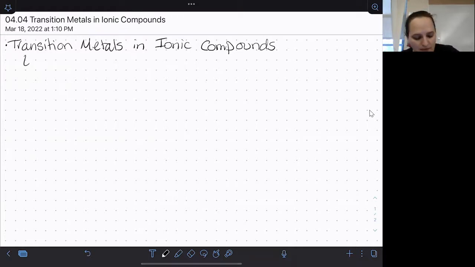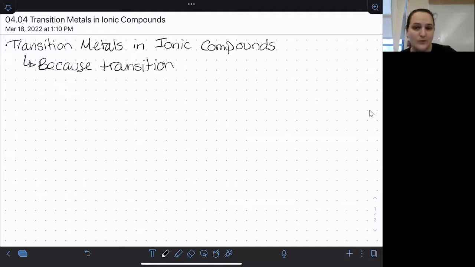Because transition metals can have multiple possible charges, we need a way to specify when we're naming a compound which charge we're actually talking about.